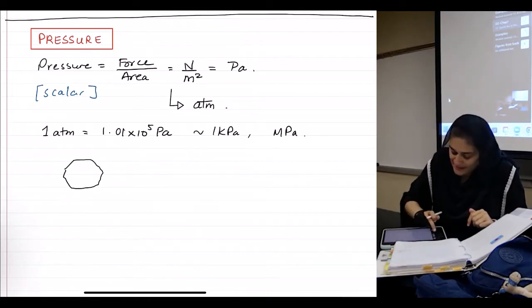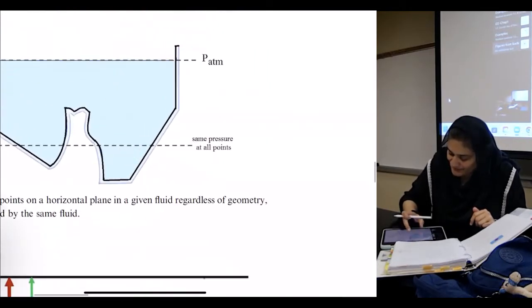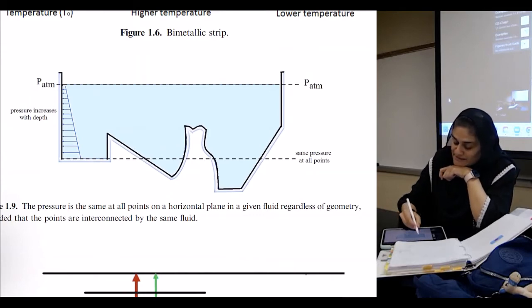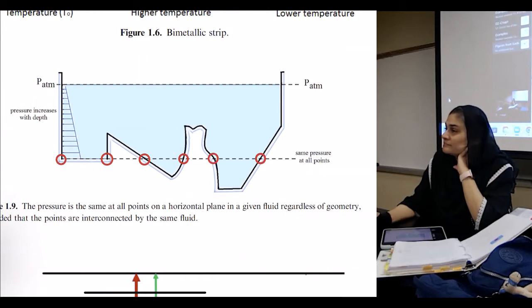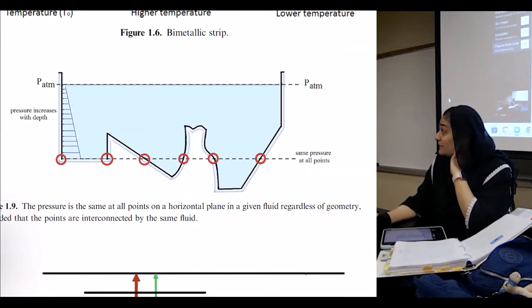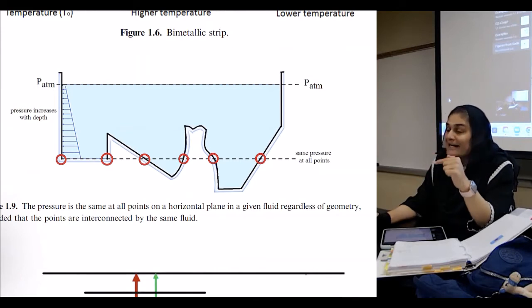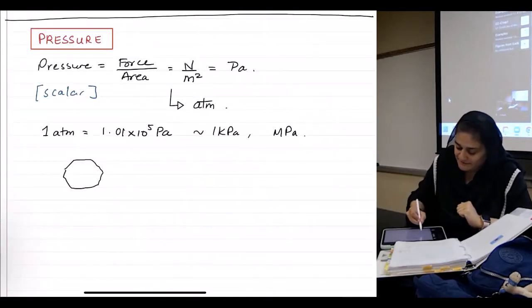As soon as you have a situation like that, what's the pressure like at all of these points? The same, regardless of what is going on, right? At the same level, the pressure will remain exactly the same. Now, going back to this.